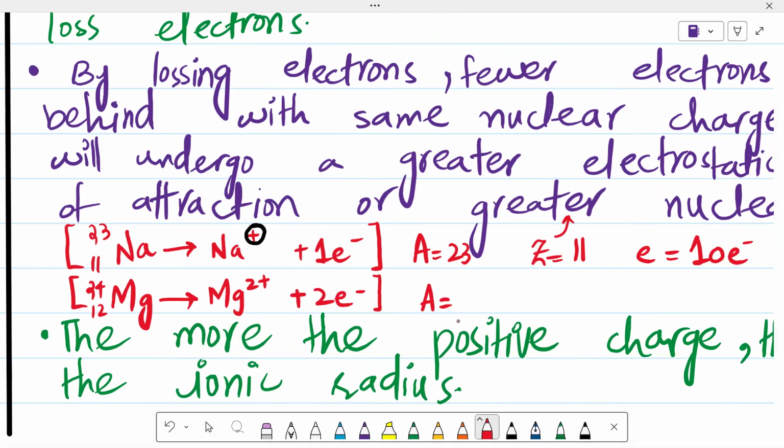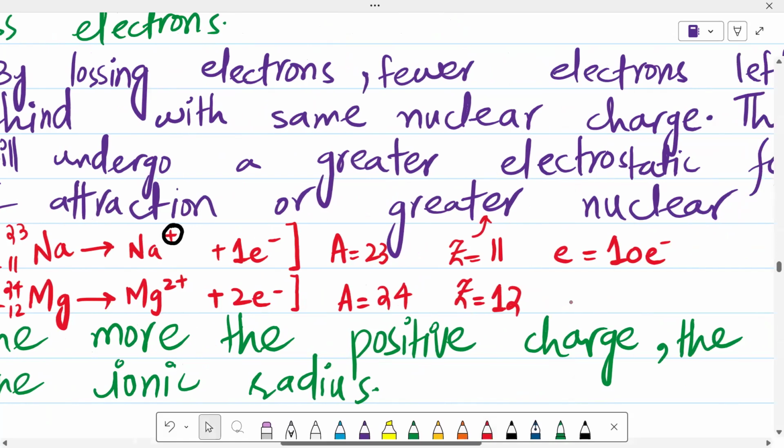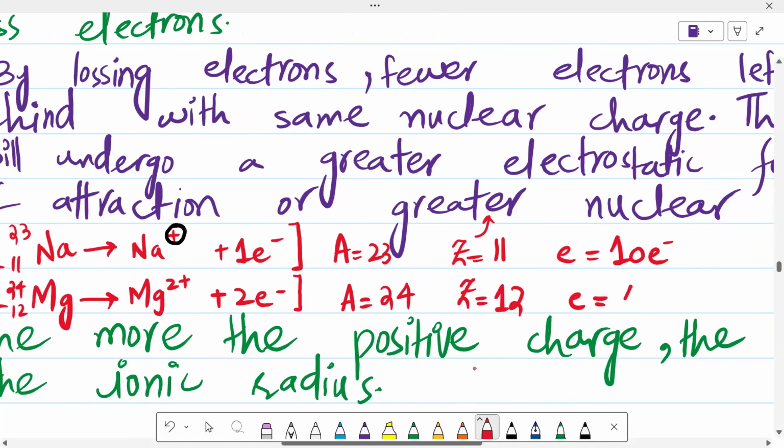For aluminum, it's 24. Right. What is Z, the proton number? 12. What is the electron number now? 10. You see, now electrons are 10 and the protons are 12.